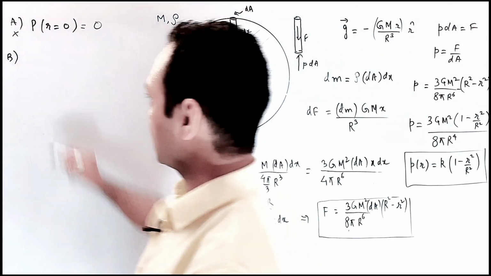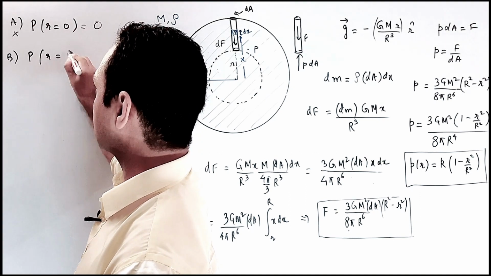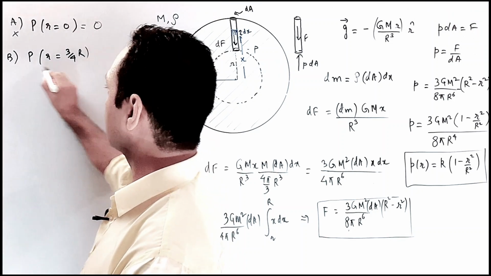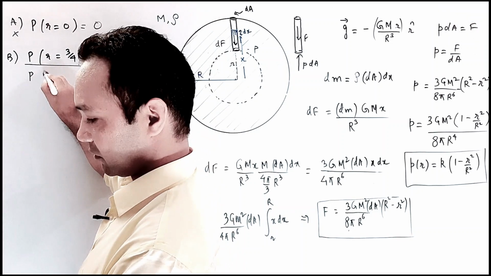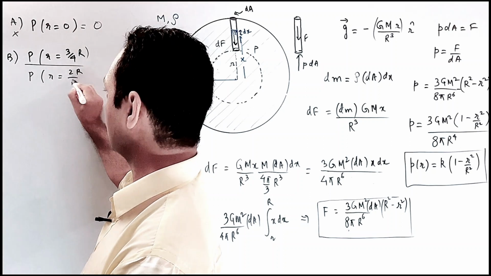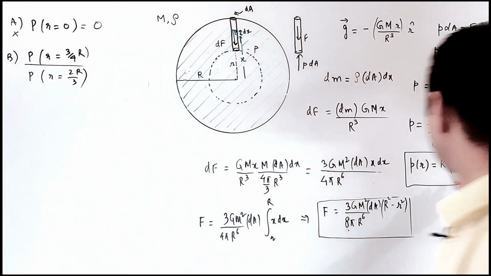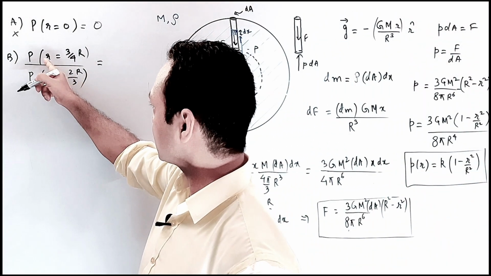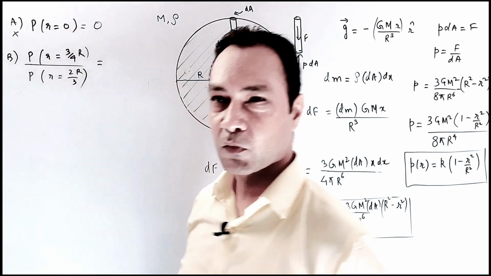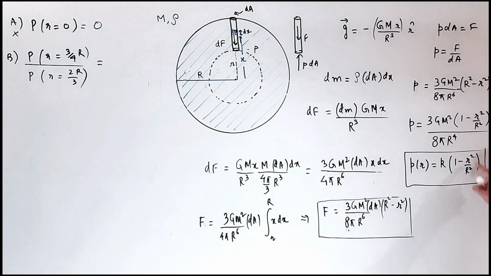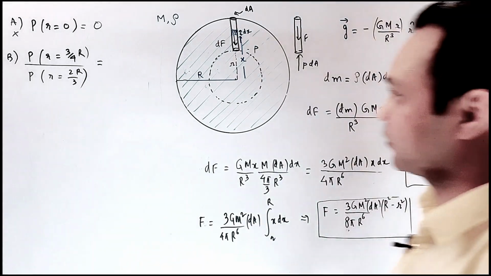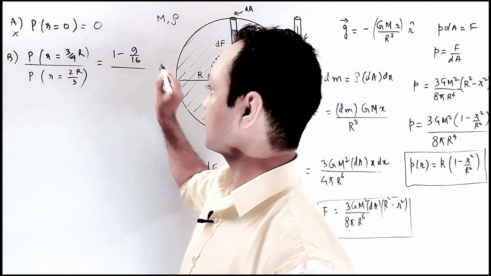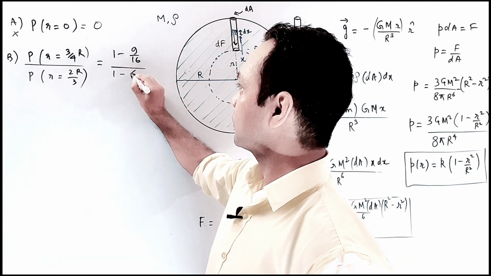Option B is saying the pressure at r equal to 3R by 4 divided by the pressure at r equal to 2R by 3. So I'll compare here, k will get cancelled. Small r by capital R is 3 by 4, so 1 minus 9 by 16, and here small r by capital R is 2 by 3, so 1 minus 4 by 9.